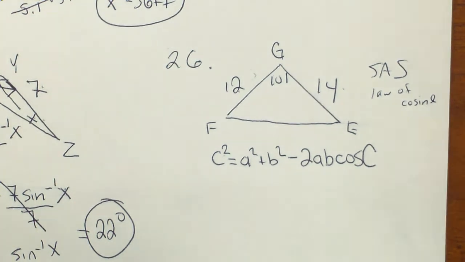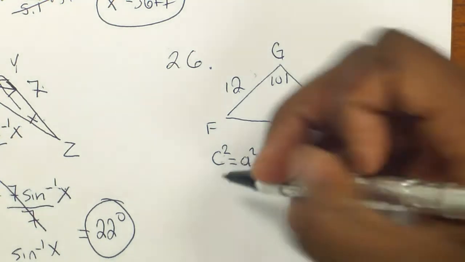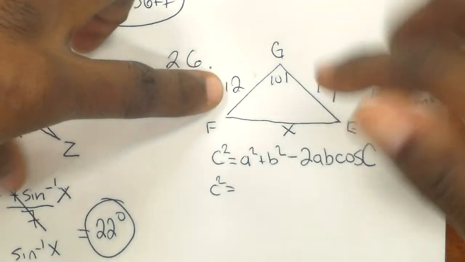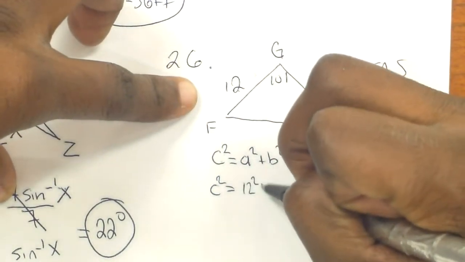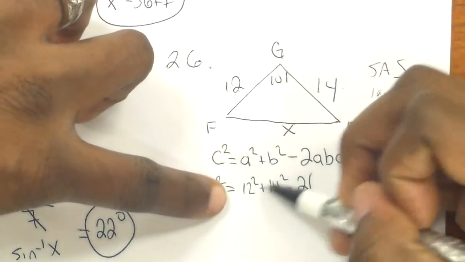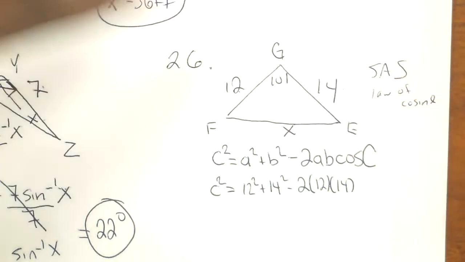So now let's look at what we're given. So in 26, we're trying to find EF. That's our unknown. So since that side is our unknown, that will be the C squared, the outside, the unknown. We're given our AB. So we have 12 squared plus 14 squared minus 2 times, and we're going to take that 12 times the 14, those same two legs, just not squared.